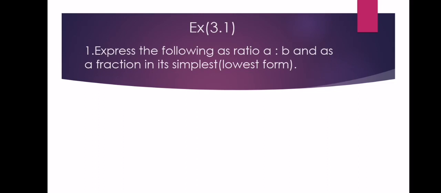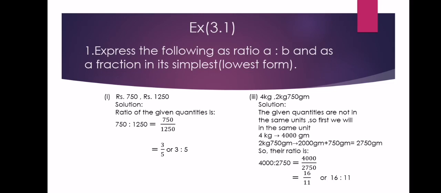Now the part 1 is rupees 750 and rupees 1250. The ratio of the given quantity is 750 ratio 1250, or we can write it in the fraction as 750 divided by 1250, which is equivalent to 3 by 5 or 3 ratio 5.